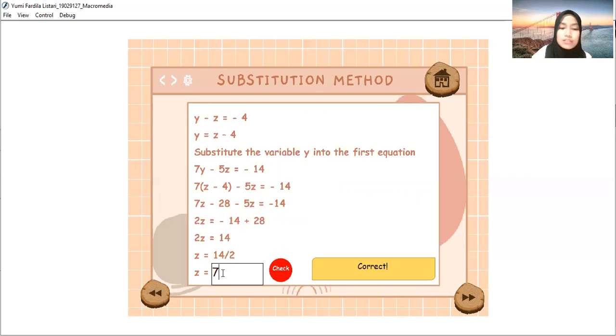If the student fills in an incorrect answer, for example 5, then the answer is incorrect. Please try again. If the student gets the correct answer, the student can click the next button.